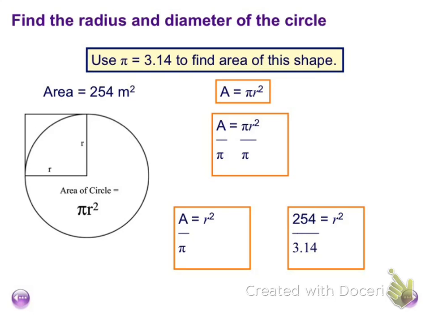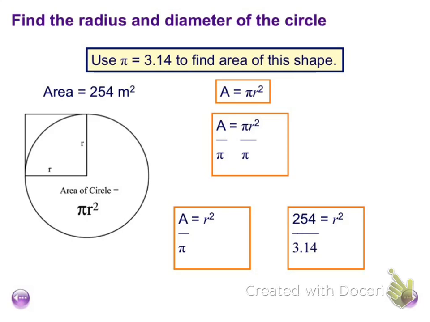If I substitute in the numbers, okay, but I'm not done, because once I get a value for 254 divided by 3.14, that's equal to radius squared. Now I'm solving using inverse operations, and I need to find the root. Right? That's what it equals when radius is squared. So I need the square root of that. So I want to take the square root of both sides to get my answer.